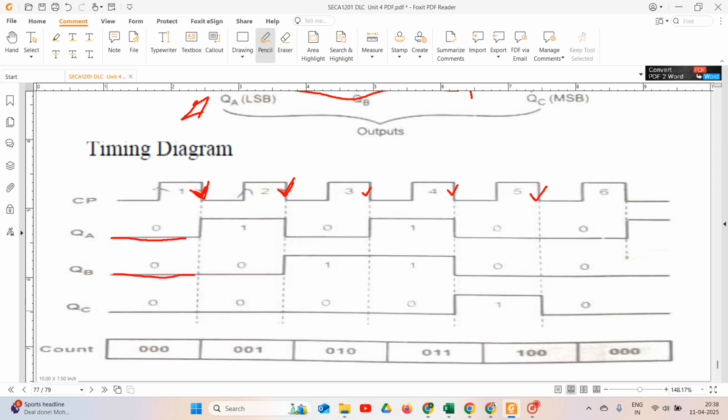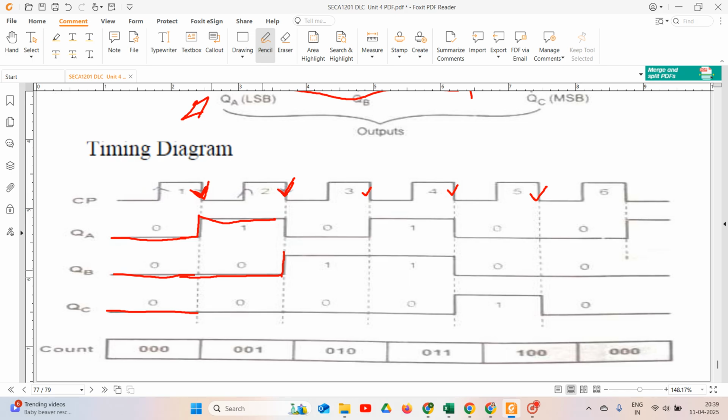After that, once we trigger all the flip-flops at the negative edge, my first flip-flop output is 1 and my next flip-flop output is 0, right? If QA is 1, then my QB is triggered. Until then my QB output is 0, right?